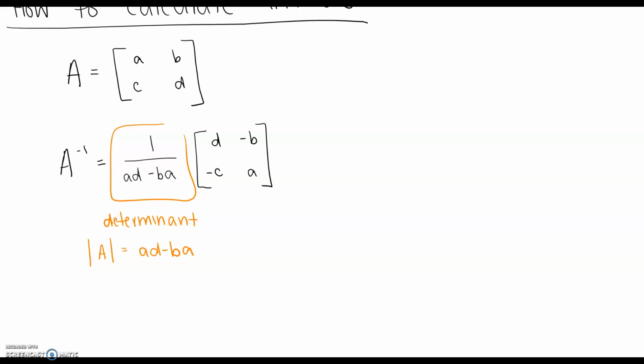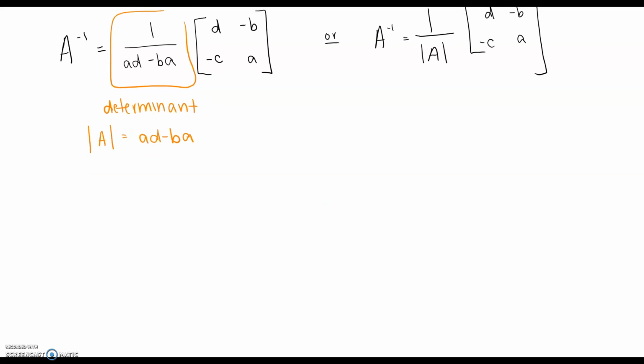So another way to note this whole thing is saying still the determinant and then multiplying it by D, negative B, negative C, A. Now, really important, the determinant cannot equal 0. Which should make sense because it's 1 over the determinant. So if the determinant is 0, there's no inverse.